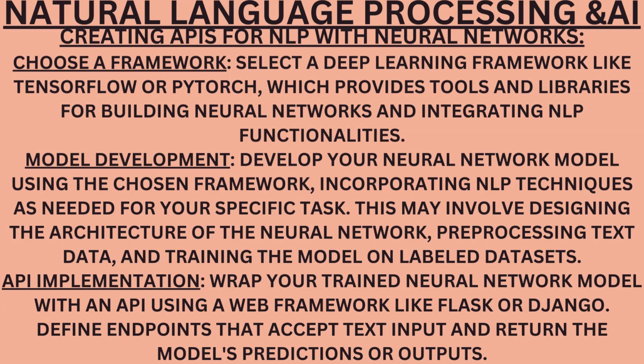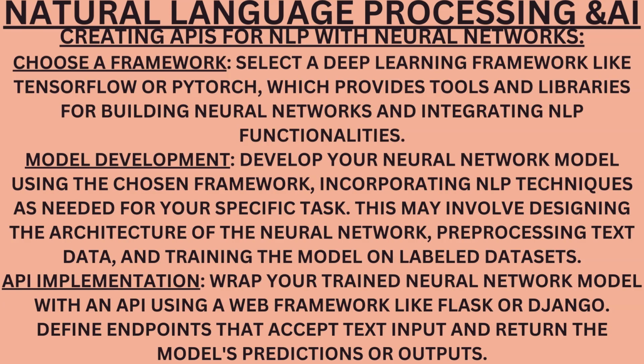Model development. Develop your neural network model using the chosen framework, incorporating natural language processing techniques as needed for your specific task. This may involve designing the architecture of the neural network, pre-processing text data, and training the model on labeled datasets. API implementation.